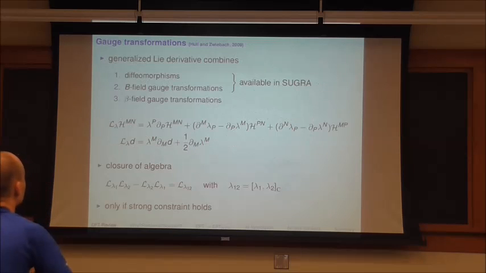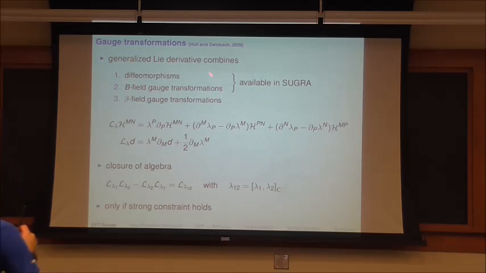That's the idea. Okay, and now we can come, of course, to gauge transformations. Because I've shown you an action, and of course the natural thing is to ask what are the symmetries of this action. There we have, again, like in this geometric picture, we can write down all the different symmetries in terms of a generalized Lie derivative. So we can write down the diffeomorphisms and the B-field transformations, both in terms of this generalized Lie derivative, which you can see here.